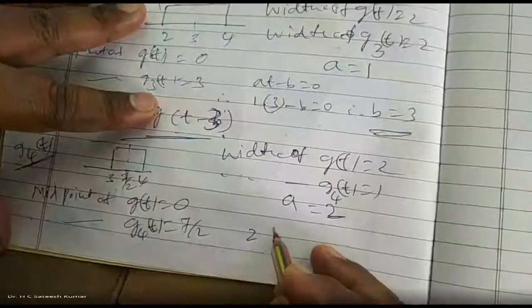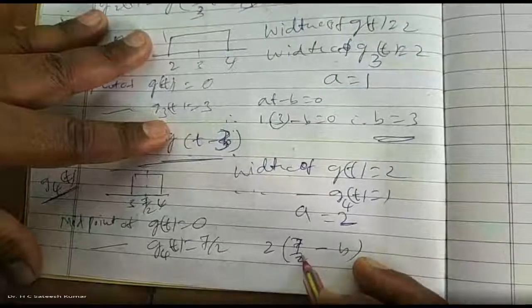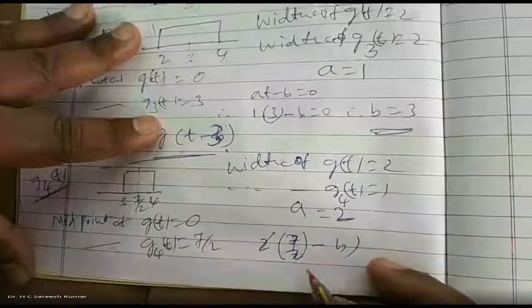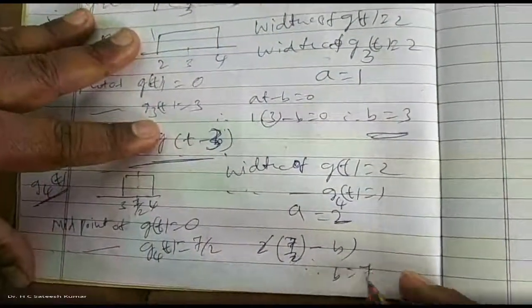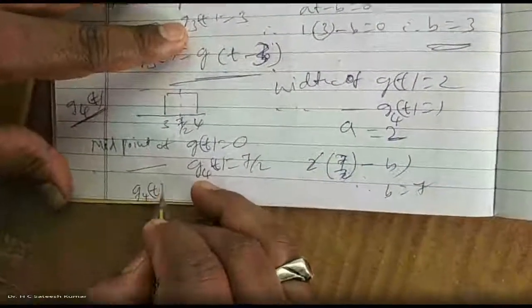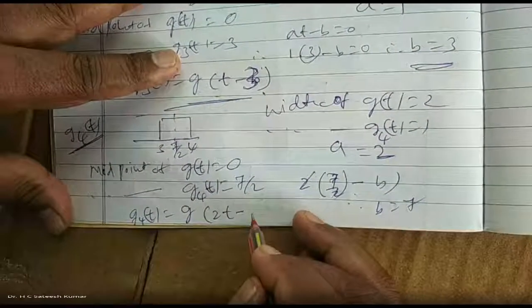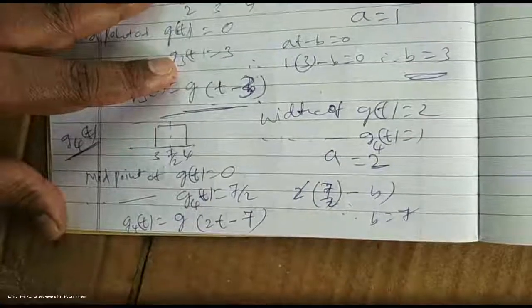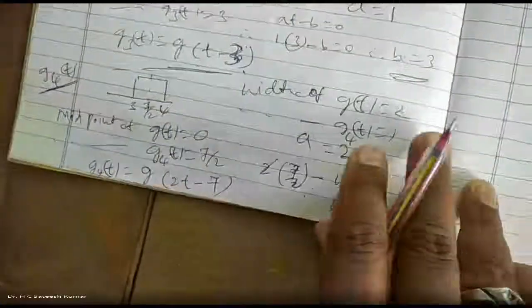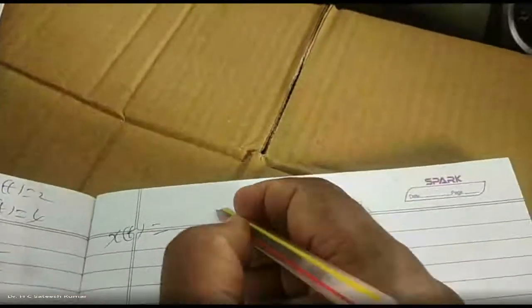Therefore, A 2 into 7 by 2 minus B, 2 and 2 gets cancelled. Therefore, B is equal to 7. Therefore, G4 of T is nothing but equal to G of 2T minus 7. Okay, that's how we should do it. Therefore, X of T is nothing but equal to G1 of T. G1 of T is nothing but what?